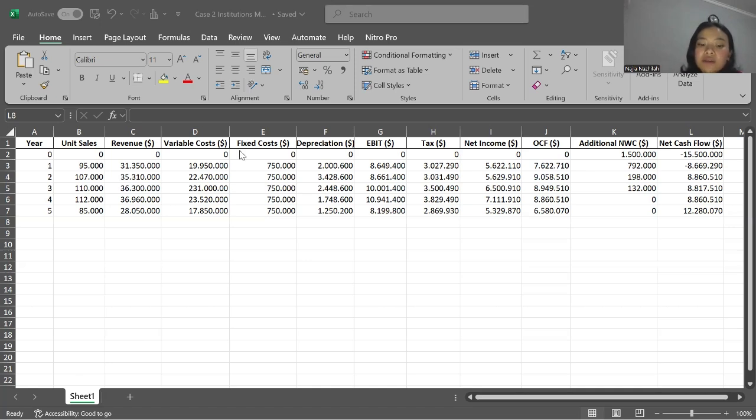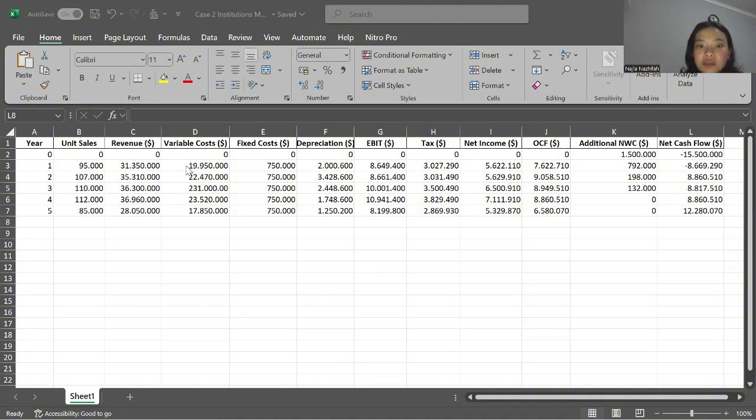For the revenue, 95,000 times 330, we got $31,350,000. And variable cost is 95,000 times 210, we got $19,950,000.